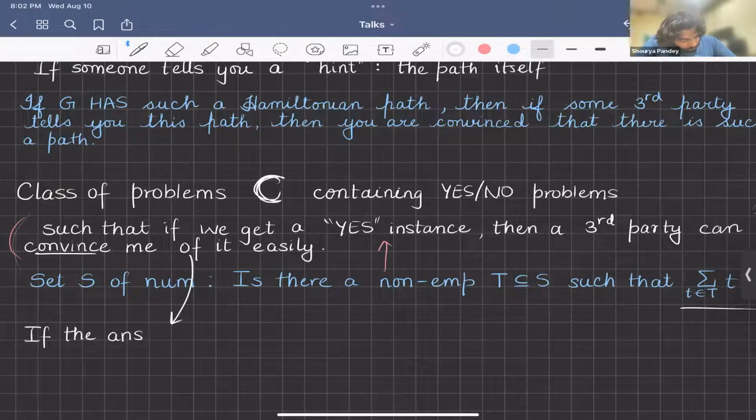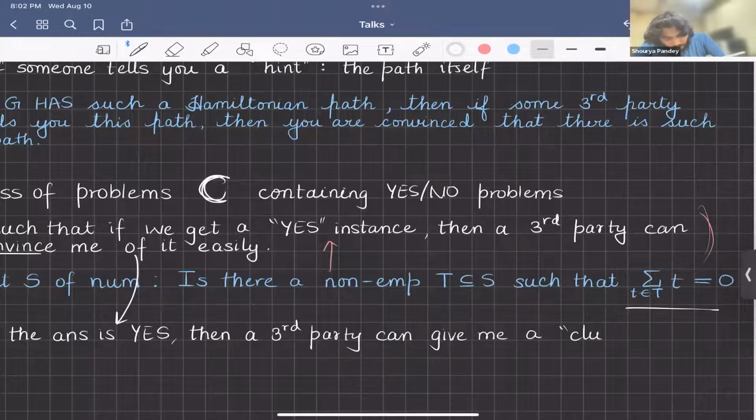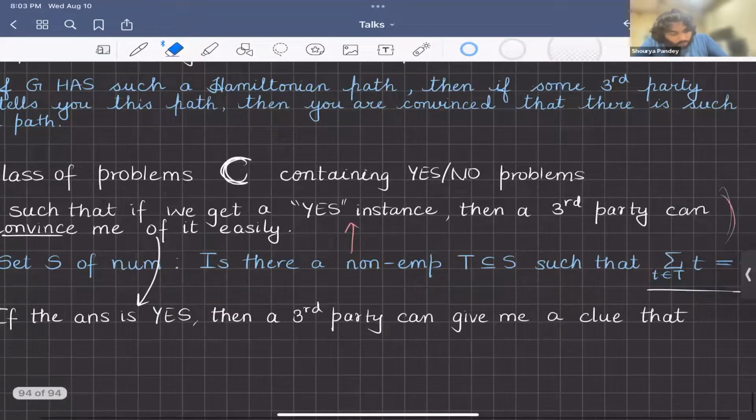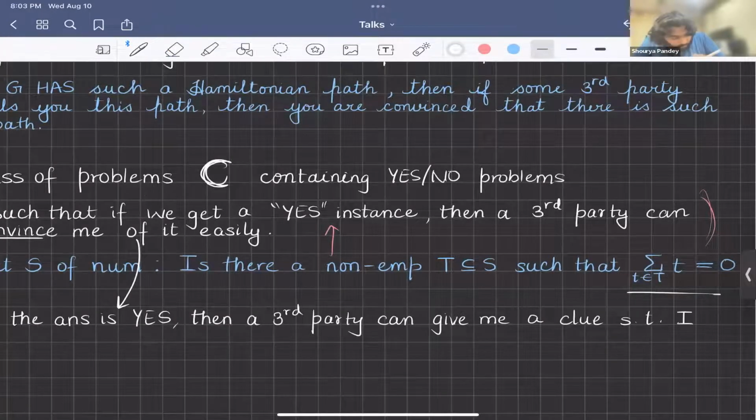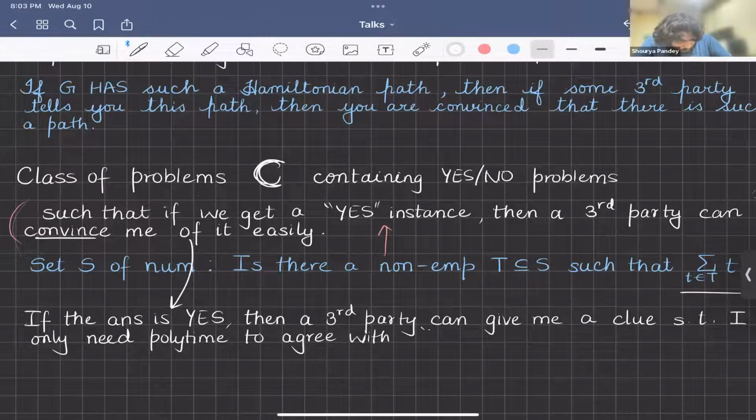If the answer is yes, then a third party can give me a clue such that I only need polynomial time to agree with the yes.